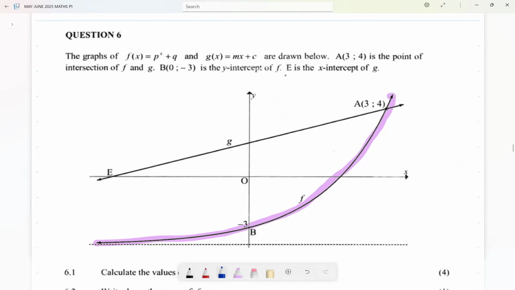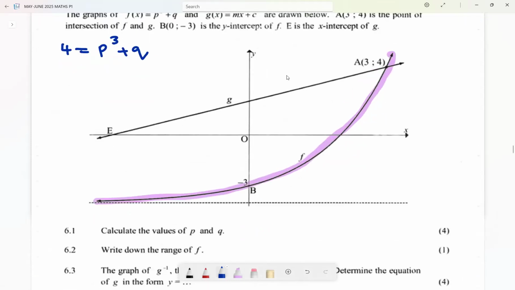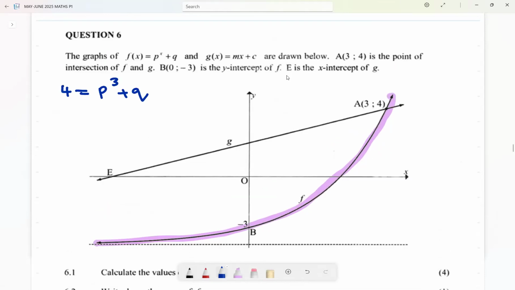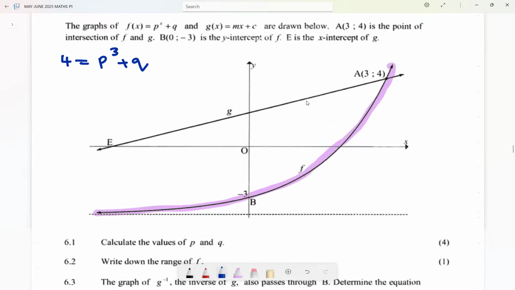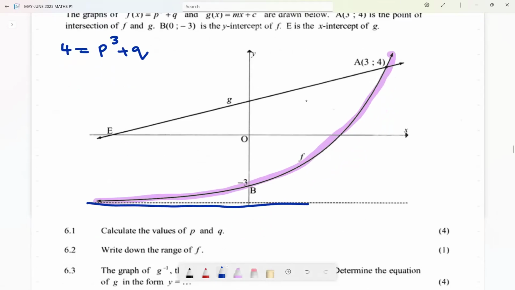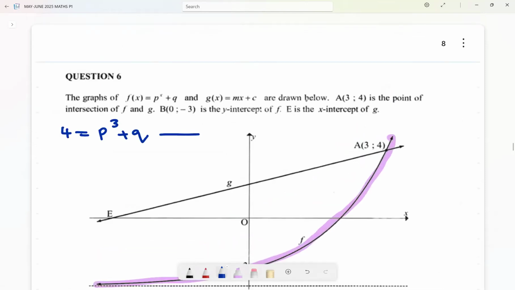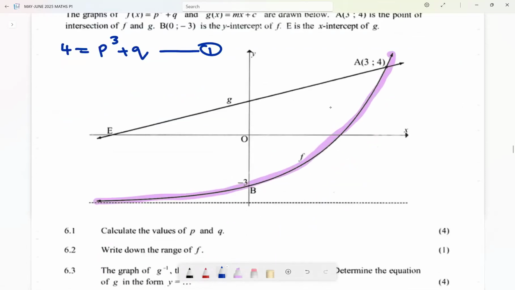Let's use the point A. When you use point A, 4 is equal to p to the power of 3 plus q, right? Okay, I'm having this coordinate. Remember this is the asymptote again. So okay, this is what I can get. I'll say first equation. The second equation, I use this point.